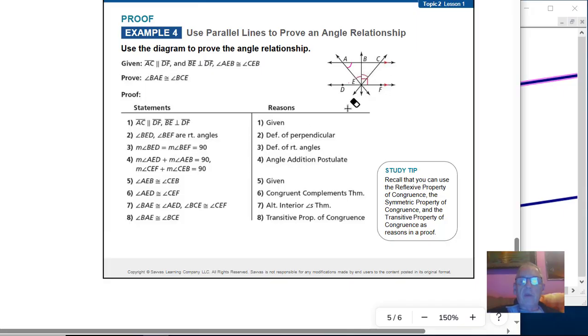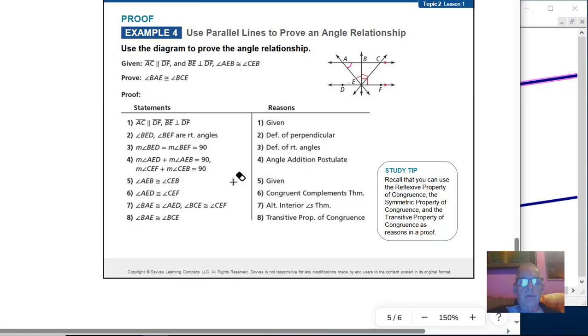And also the same things can go on this side over here. Angle BEC and angle FEC are also going to add up to 90 degrees. That's angle addition postulate. These make the right angle. Then they're going to subtract. Oh, we're given also that AEB is congruent to angle CEB.